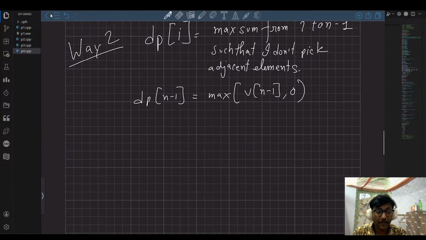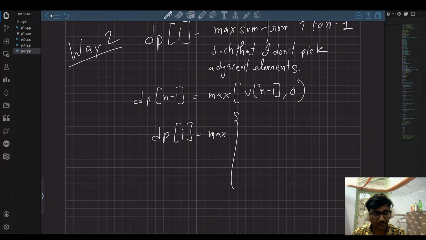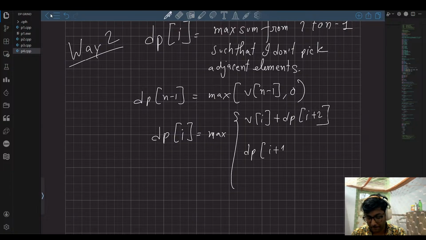So if I want to consider the ith element, dp of I equals max of two cases. If I'm considering the ith element, v of I plus dp of I plus 2, otherwise dp of I plus 1. These are the two cases.